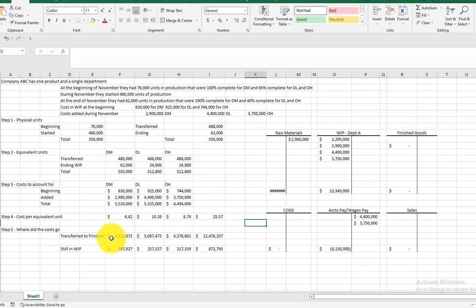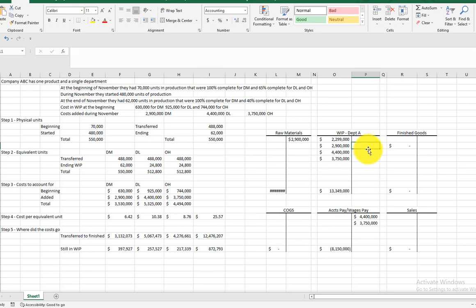I can do it individually: direct materials times 642 equals the direct materials transferred, direct labor times 1038, and 488 times 876 for overhead. Or I could just do a shortcut, 488 times 2557, and get the total. I can add those three, or I can just do 488 times 2557 to get that. Either way should give us roughly the same number.